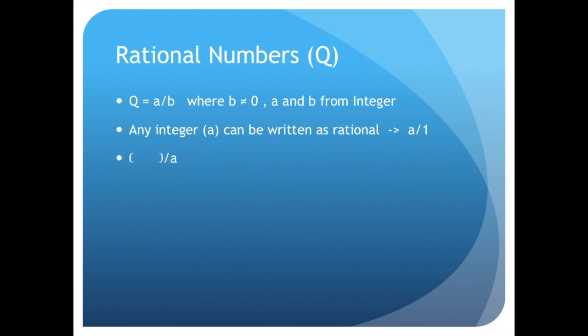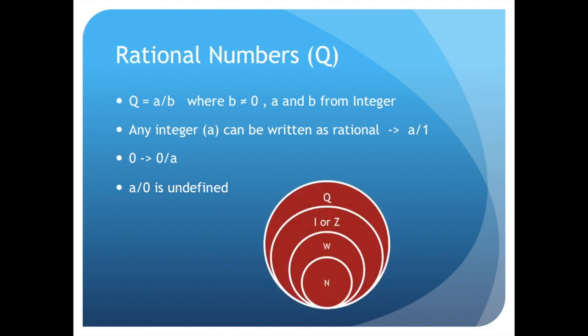So any integer can also be represented as a rational number by writing 1 in the denominator. So for example, a can be written as a divided by 1. 0 also can be written in the form of a ratio, for example 0 by any integer. As mentioned earlier, a by 0 is undefined, where b has become 0 or the denominator has become 0.